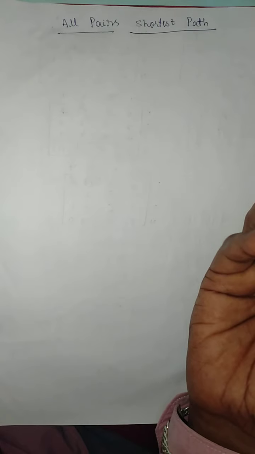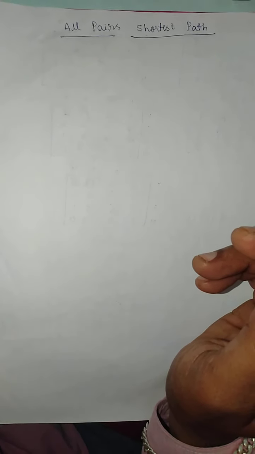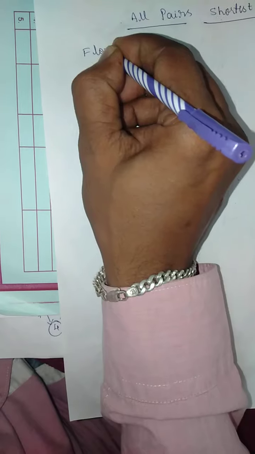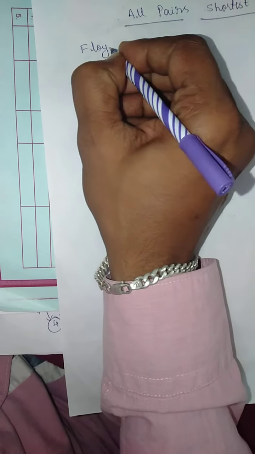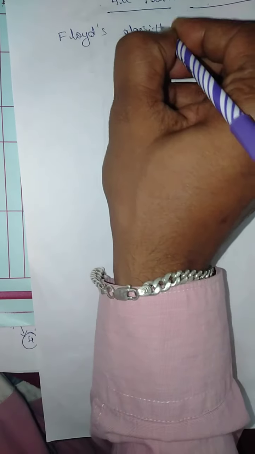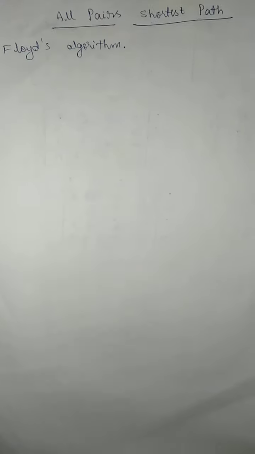However, there is a better method using the dynamic approach, and this algorithm is called Floyd's algorithm. Floyd's algorithm is a better dynamic approach to find the all pairs shortest path.